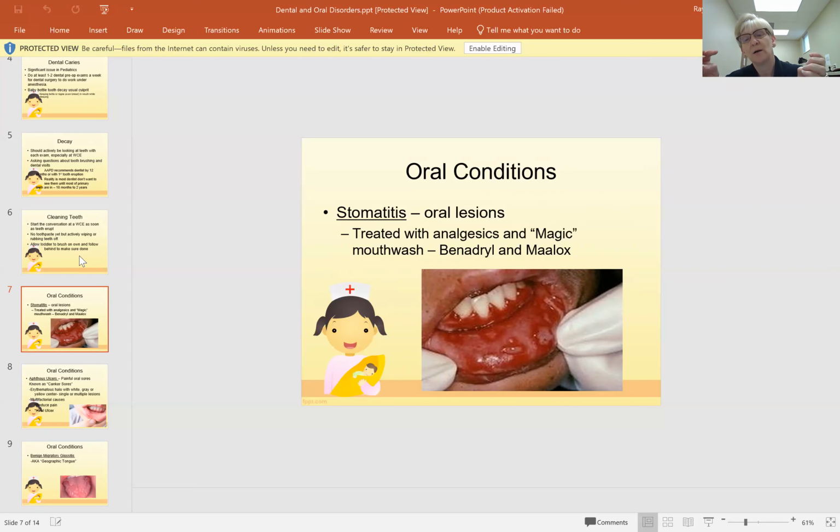So like I said, I don't use the viscous xylocaine much anymore. They have to be pretty big to be able to swish and spit for me to feel comfortable doing it, like my adolescents, older school age kids.